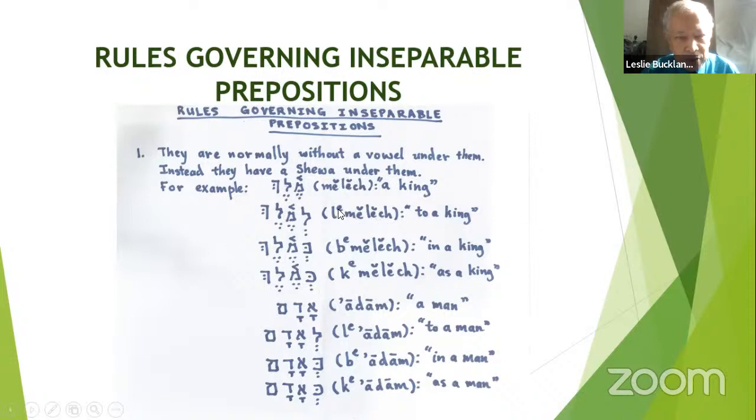Notice that the simple schwa is above the line, to illustrate that this is not a vowel. It is like a vowel, but it's not a vowel, like segol. And so it's written above. So it's le melech, to a king. That's how you translate it into English. Le melech, to a king.